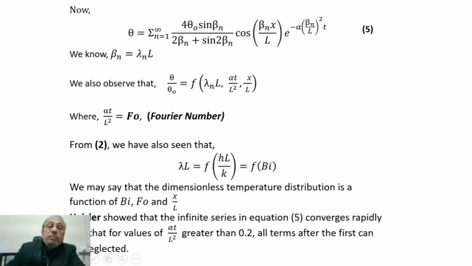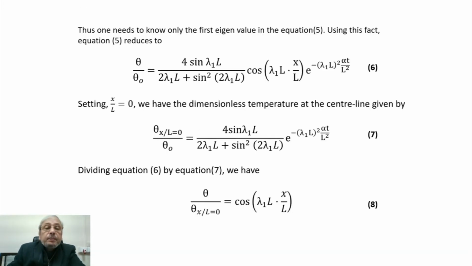So this is a convergent series, and for Fourier number greater than 0.2, all terms after the first term, that means lambda 1L, can be dropped. So one needs to know only the first eigenvalue of equation 5.